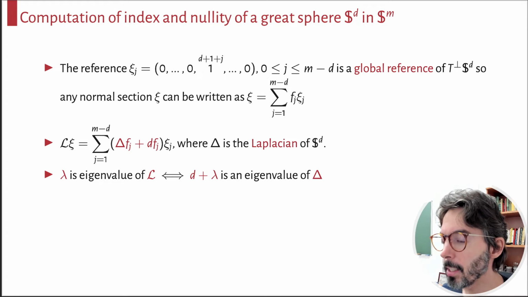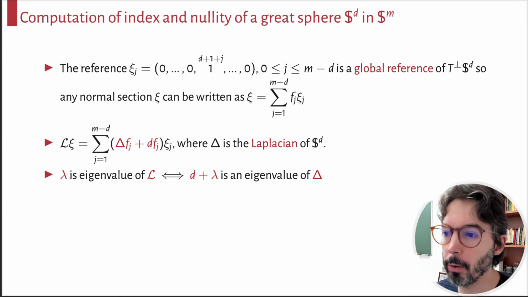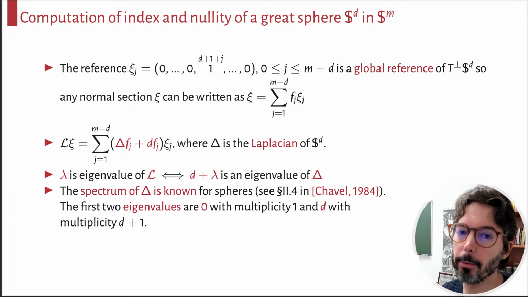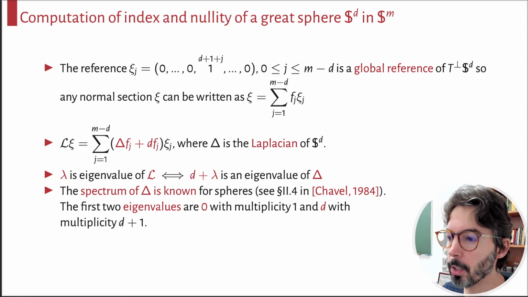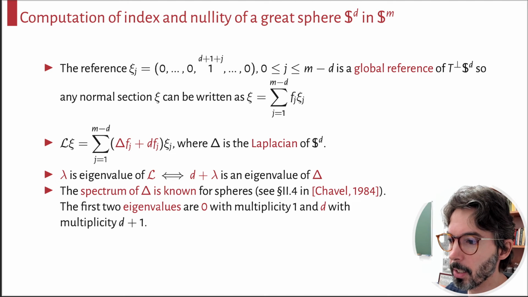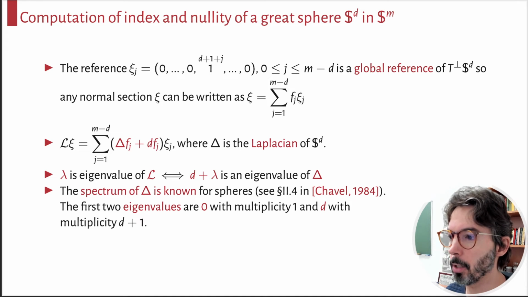Now, lambda is an eigenvalue of the Jacobi operator if and only if d plus lambda is an eigenvalue of the Laplacian of the sphere. But the spectrum of this Laplacian for a sphere is well known. The first two eigenvalues, which are the important ones in this case, are 0, which has multiplicity 1, and the dimension d, which has multiplicity d plus 1.